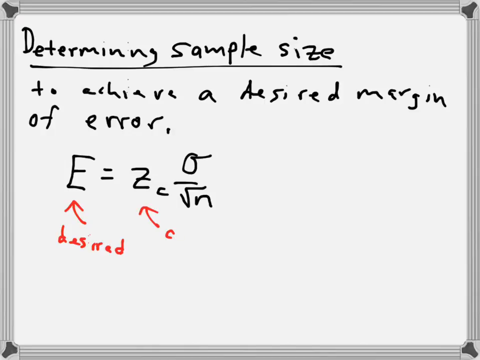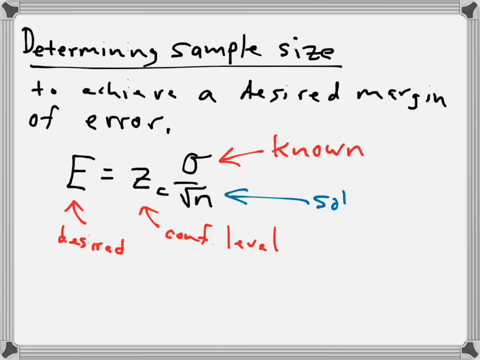This is going to depend on the confidence level, but we need to know what confidence level. And again, the sigma is supposed to be known. We're supposed to know the standard deviation of the population. So what we're going to be doing is solving for n, which is our sample size.